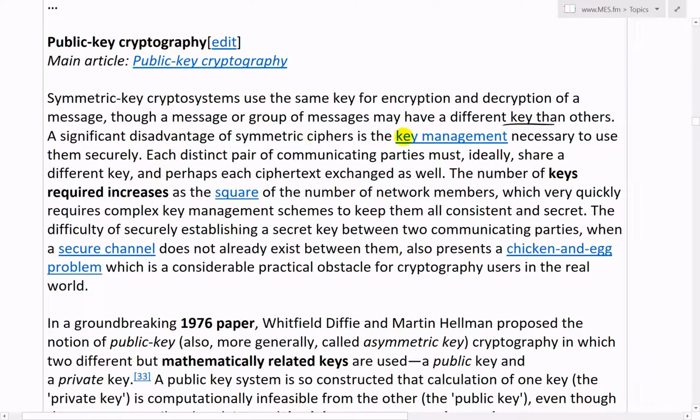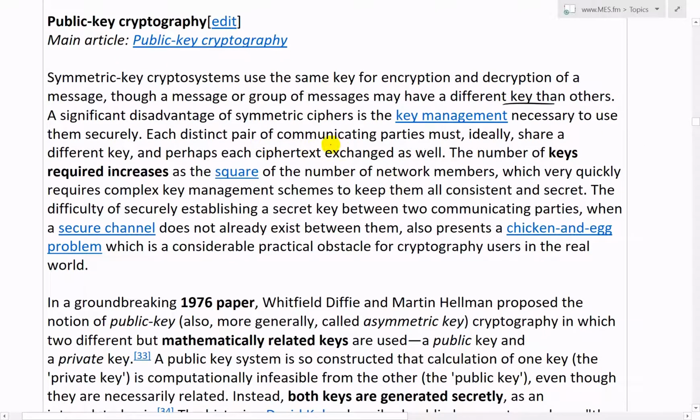You're going to need a password for each one, or if you want to use the same one, it's going to have problems of its own. Each distinct pair of communicating parties must ideally share a different key, and perhaps each ciphertext exchange as well. The number of keys required increases as the square of the number of network members, which very quickly requires complex key management schemes to keep them all consistent and secret.